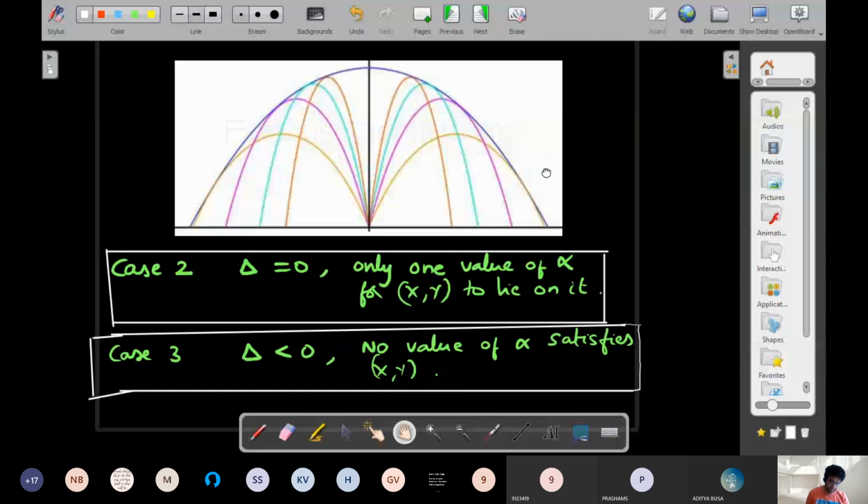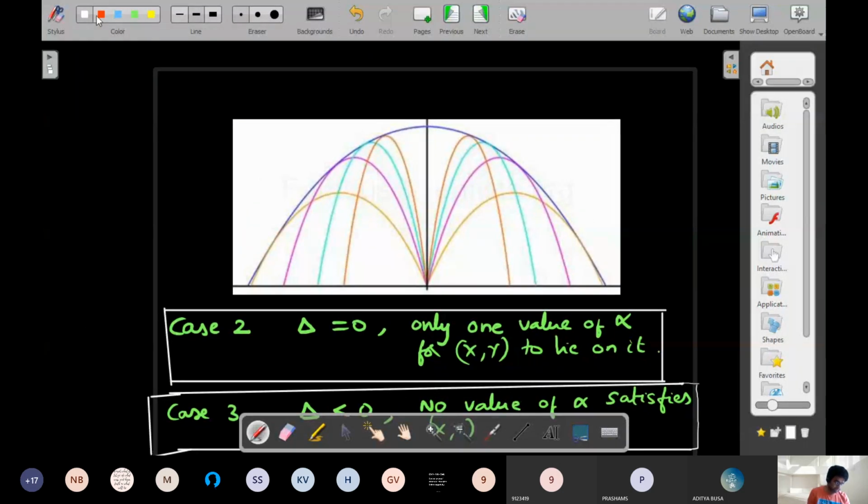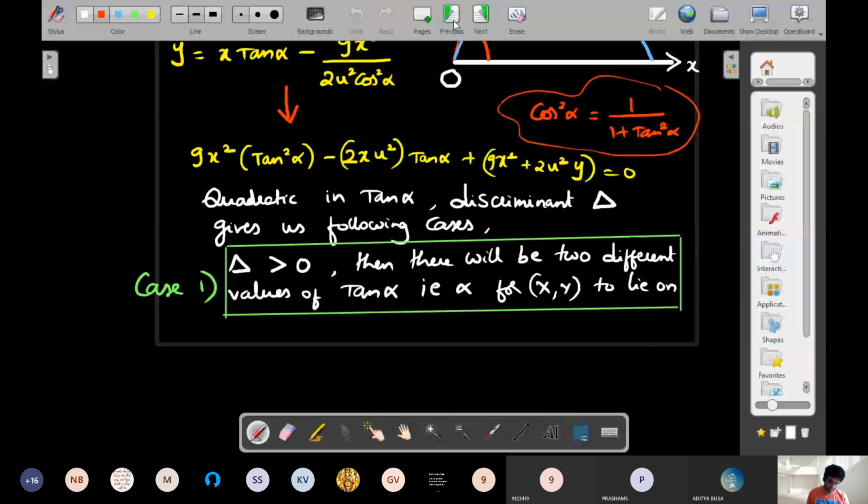So what I meant is, for a point here, the value of delta is less than 0. And for a point here, this is a position where delta would be greater than 0, and a point here, can you see, this is a position where delta would be equal to 0. So now delta becomes very important. So let's see what the value of delta is. Let's go back. I'm talking about delta in this equation.